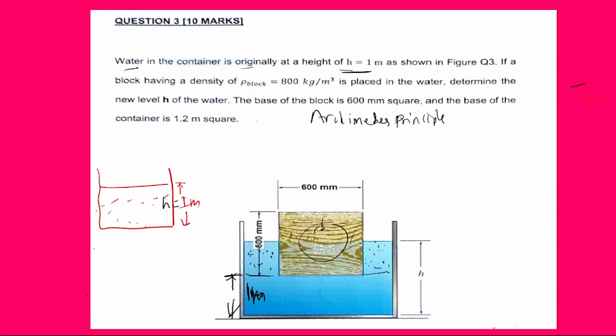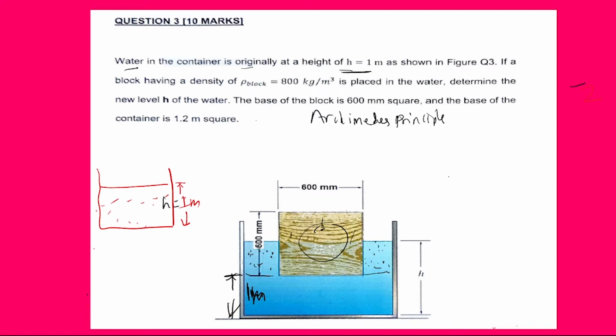So we have this container here, initial, and then we place a block. When we place a block, the water is going to rise. So the weight of a block equals the weight of the water displaced. That's what Archimedes says.